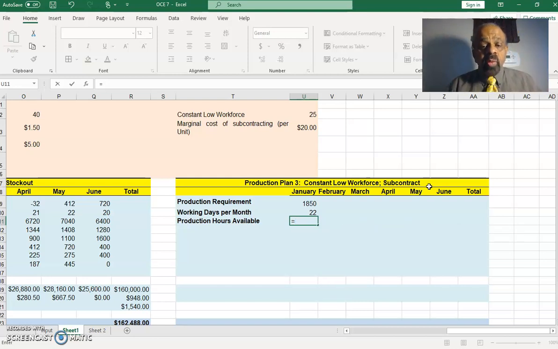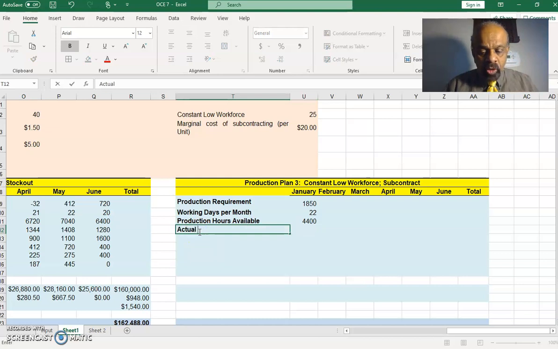The production hours available is going to be 22 days per month times 8 hours per day times the number of workers, which is 25, and that comes to 4400.